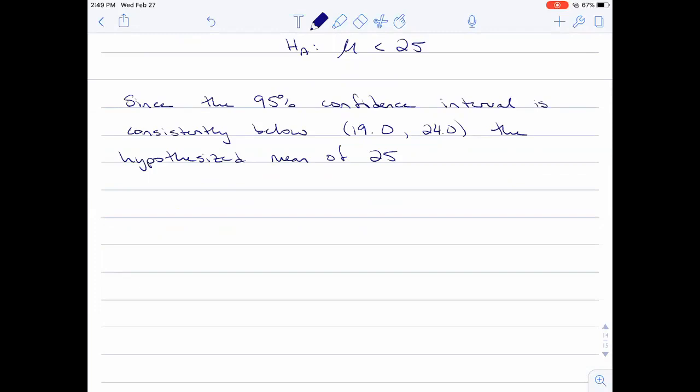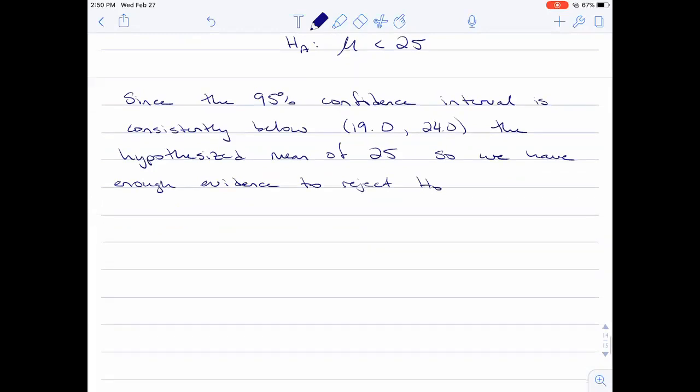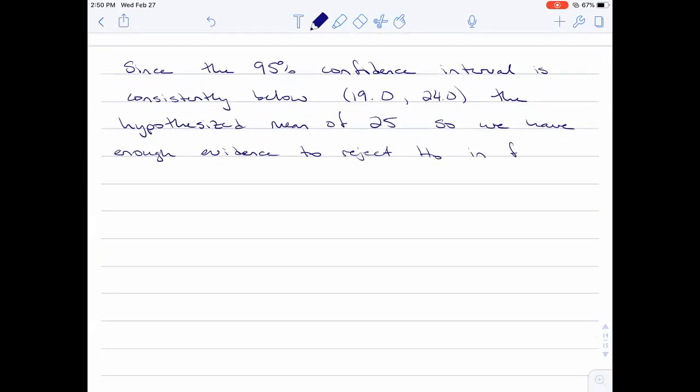Because 19 to 24 is all below 25. So we have enough evidence to reject H naught in favor of HA.